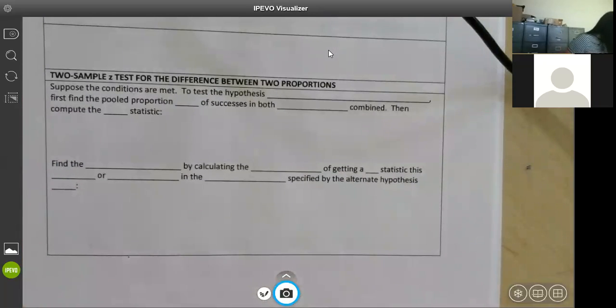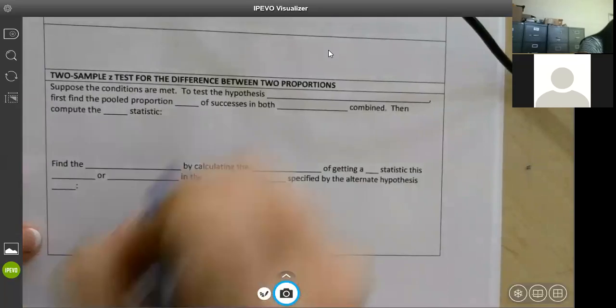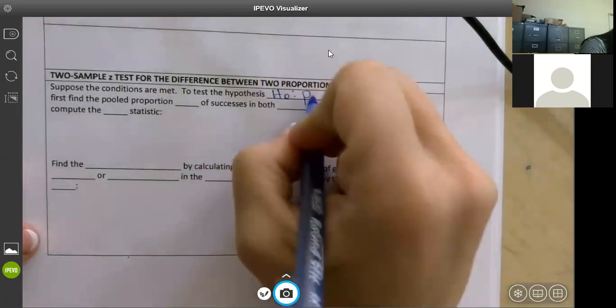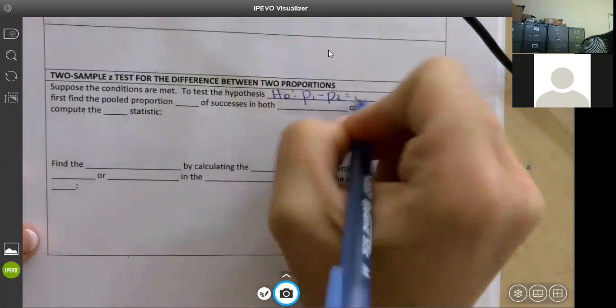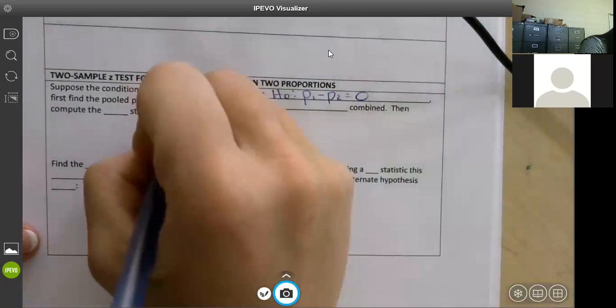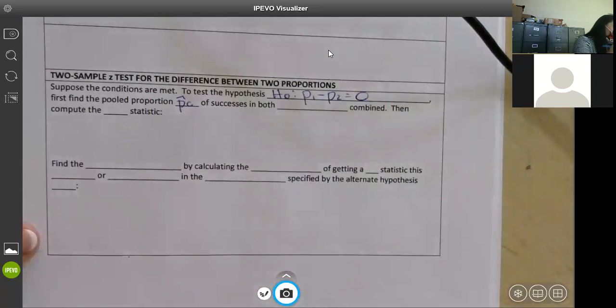Your two-sample z-test for the difference between two proportions. Suppose the conditions are met to test the hypothesis. Your null, that P1 minus P2 equals 0. First, find the pooled proportion of successes.